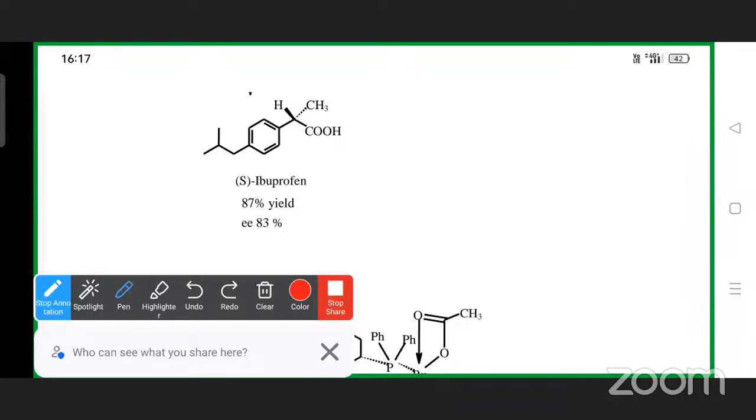Okay, so this is acting as a catalyst. Then it gives the exclusive product of your ibuprofen. Yes, ibuprofen, much of that chiral pool synthesis.